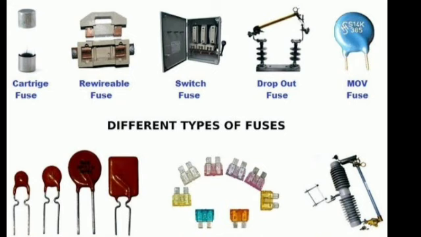Many people are using these appliances at that time. What happens? Excessive current is drawn from the transformer, and if the capacity of the transformer is insufficient, the fuse wire melts and the supply gets shut down. This happens due to overloading.